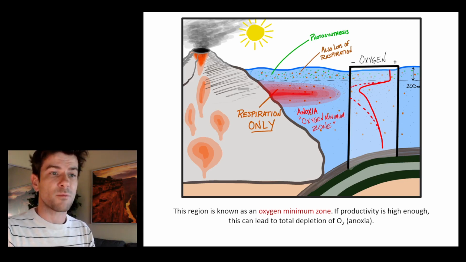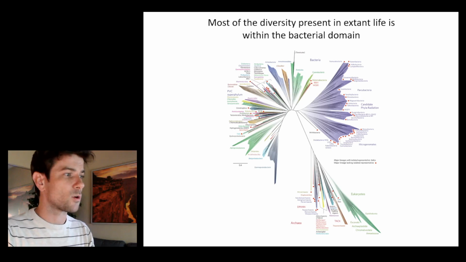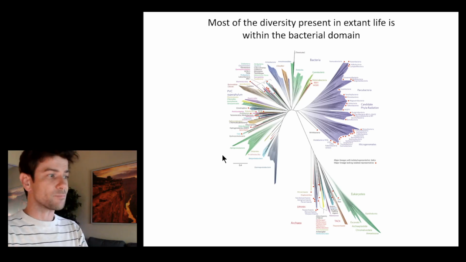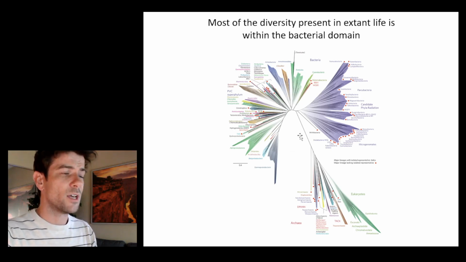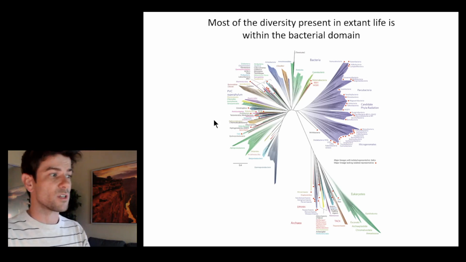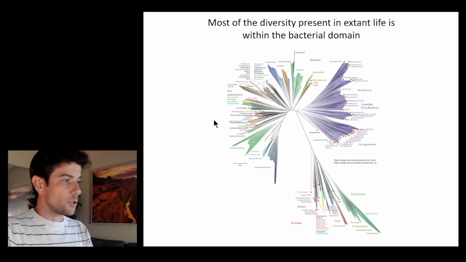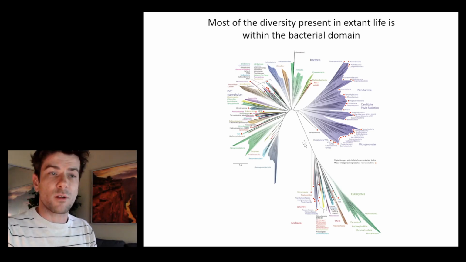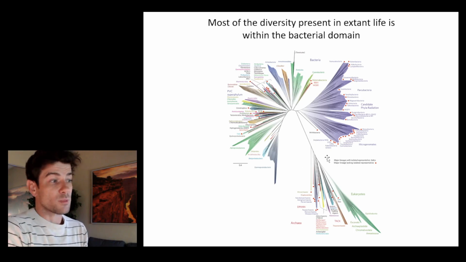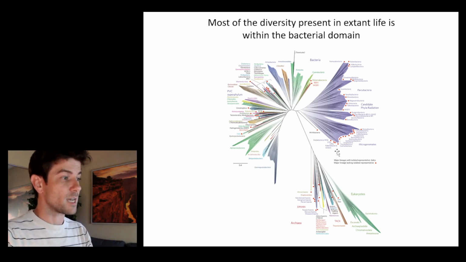There are lots of other pathways towards respiration that bacteria can carry out in the absence of oxygen. Oxygen just happens to be the most efficient, or it generates the most energy per unit of organic carbon remineralized or oxidized through that process. And so in general, aerobic respiration will outcompete other forms of respiration, anaerobic metabolisms.